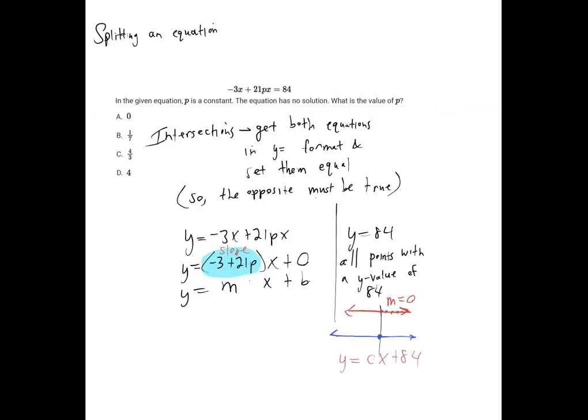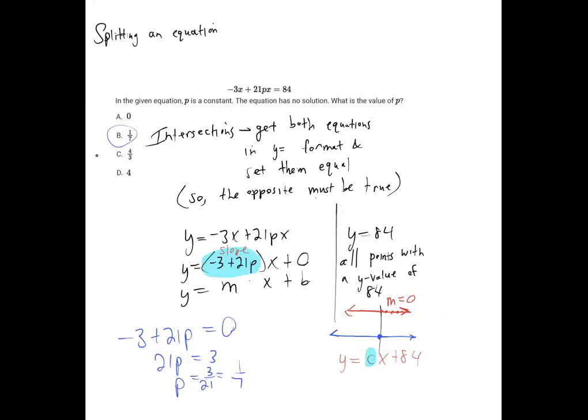But seeing it that way reminds us that the slope is 0. Like I said, if the two lines never intersect, it means the slopes are equal. So all we have to do here is say negative 3 plus 21p equals 0. Add 3 to both sides, divide by 21, and that simplifies to 1/7, and that's our answer here.